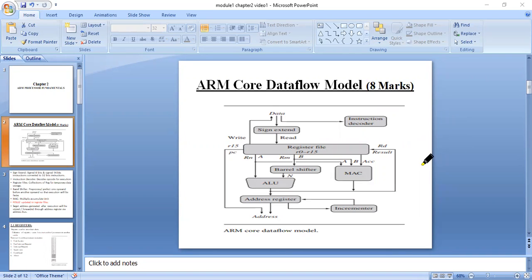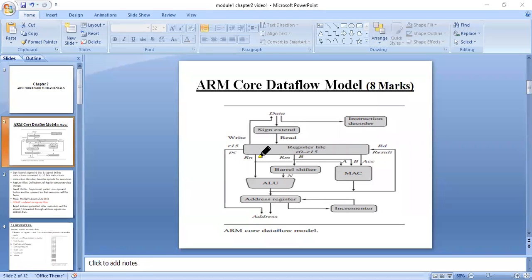Both are converted into 32 bit. So let me call this operand 1 and this operand 2. How many operands are there? 2. So here I am using R1 for operand 1, R2 for operand 2.